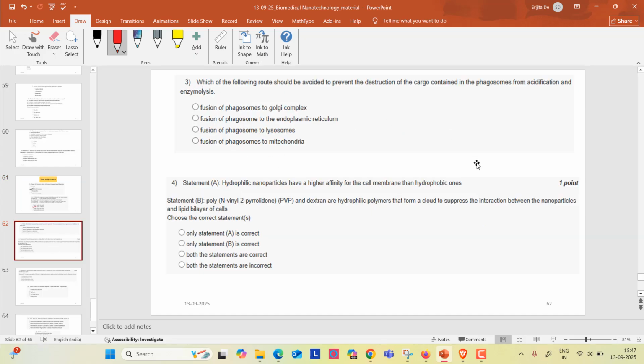Next question. Which of the following routes should be avoided to prevent the destruction of the cargo content in the phagosomes from acidification and enzymolysis?